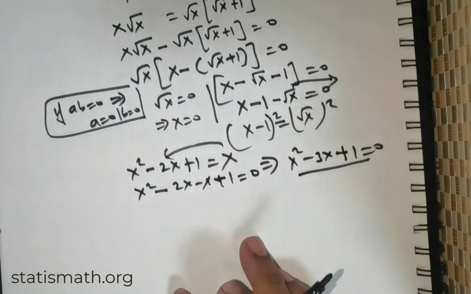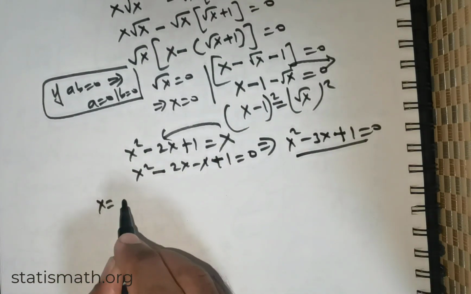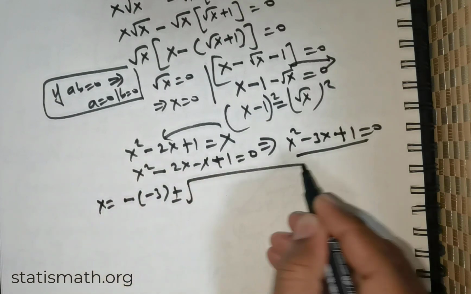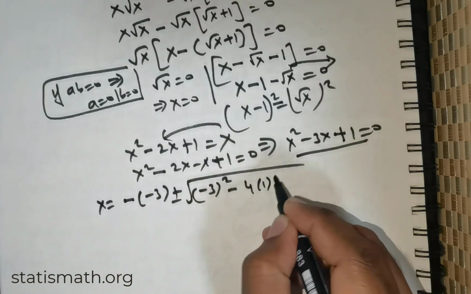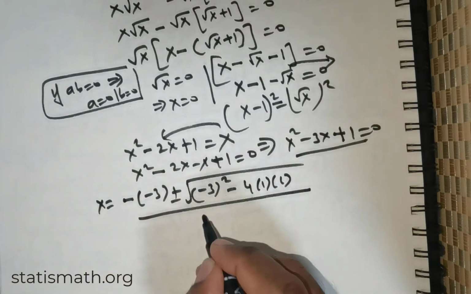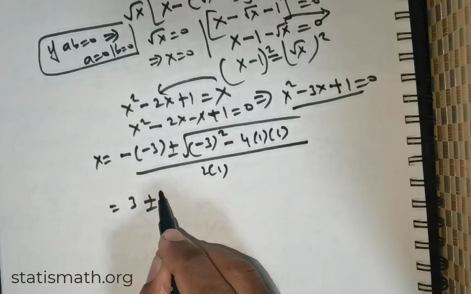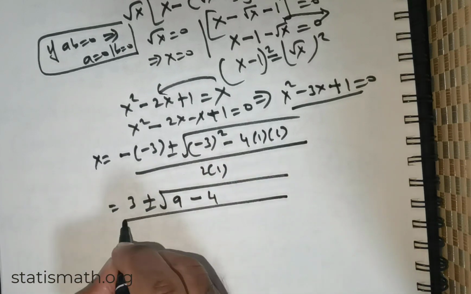So I've got an equation here. Now if I were to use quadratic techniques, x is equal to negative b plus or minus root of b squared minus 4ac, divided by 2a. So it's going to be negative of negative 3, plus or minus root of negative 3 squared, which is 9, minus 4, divided by 2.